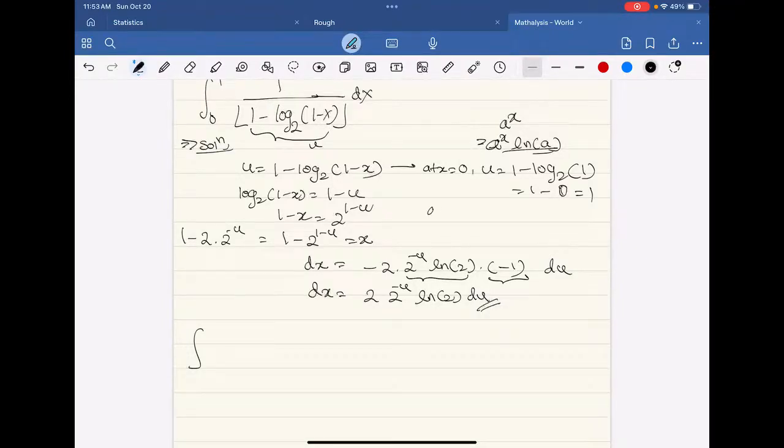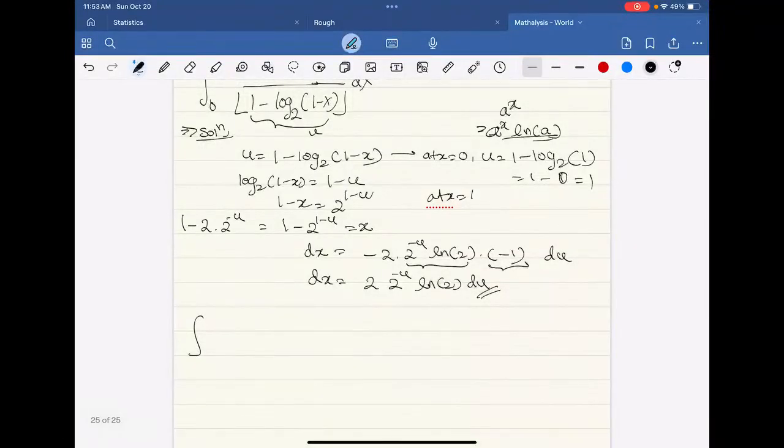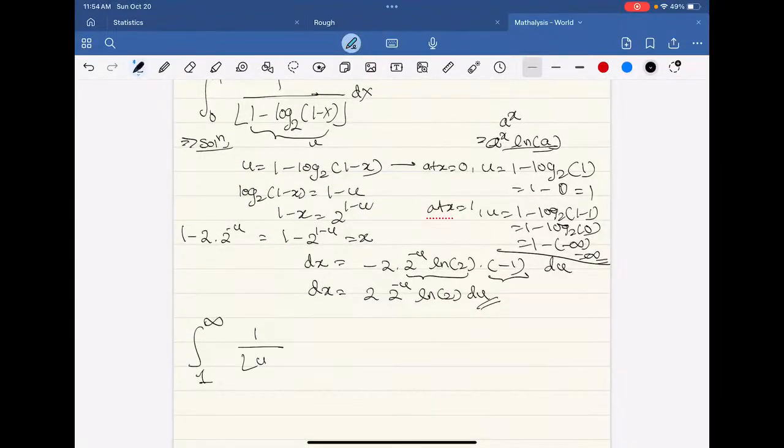And at x equals 1, u is equal to 1 minus log 2 of 1 minus 1. This is 1 minus log 2 of 0. Log 2 of 0 is just minus infinity. So 1 minus infinity, which is plus infinity, right? So this goes from 1 to infinity now. That's cool actually.